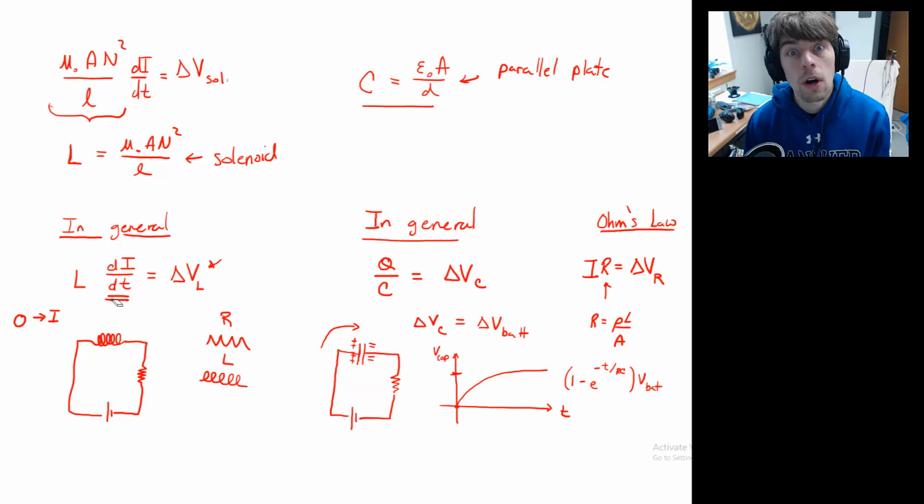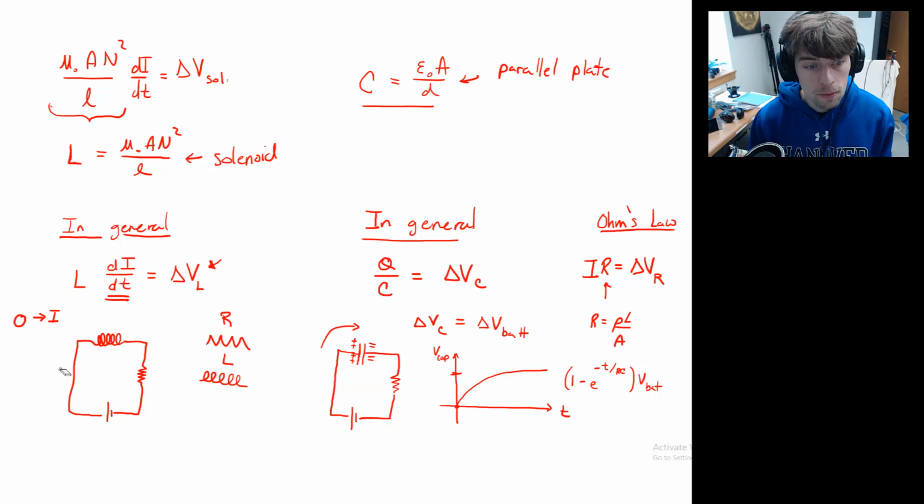The potential drop across the inductor is also going to be large. If I throw the switch and the current suddenly jumps, the potential drop across the inductor is going to be large. And so the total current through the circuit is going to be low.